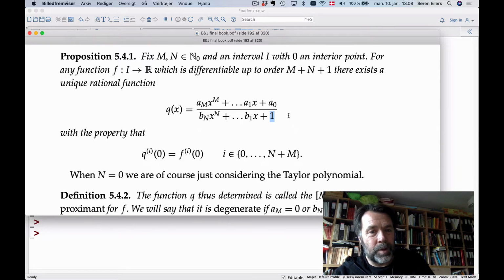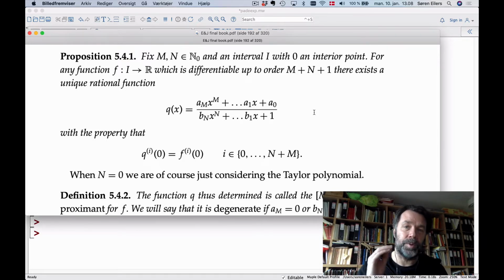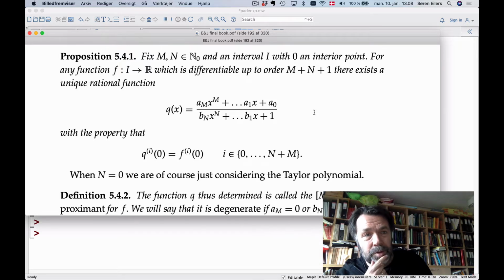So the point is, and this is the Pade approximant idea, that suppose you have a function, just any function which is significantly differentiable. Let's say that it's differentiable up to order m plus n plus 1. Then there is a unique rational function that has the property that it matches up with the derivatives of f.